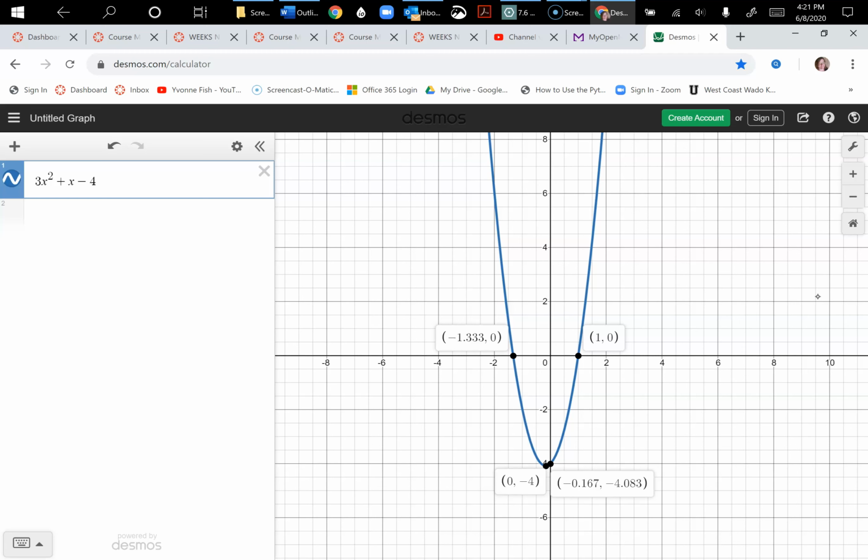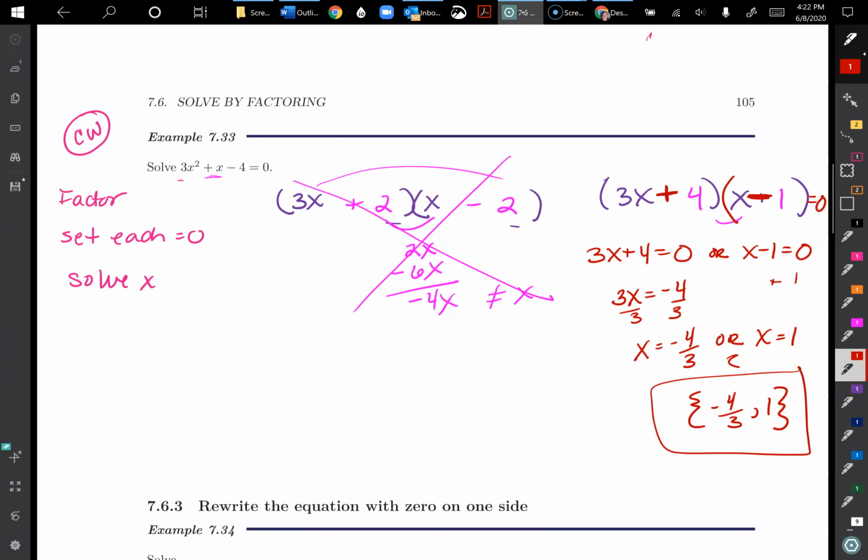Again, you'll learn more about that later. I just want you to get a general idea of what the graphs look like and where the intercepts are, and why we're doing these skills. And we are going to apply them even today in this video set. So let's go back to our problem here.